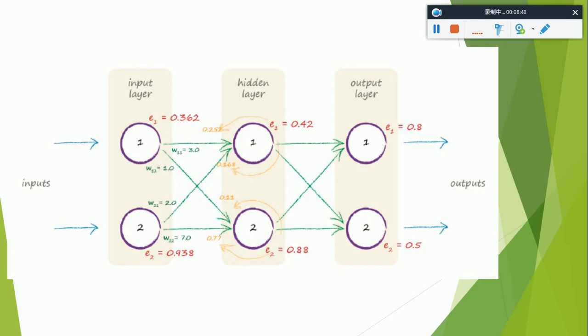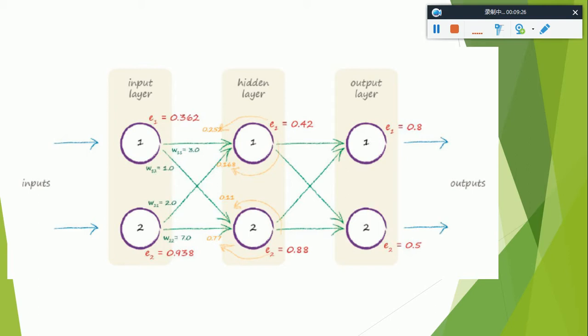And how do we split these errors? We use the weights again to split the errors. The weight W11 is 3.0 and the weight W21 is 2.0. So we split the error proportionally to the weight of the link, giving 0.252 to the link W11 and 0.168 to the link W21.